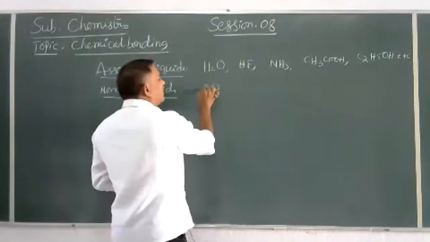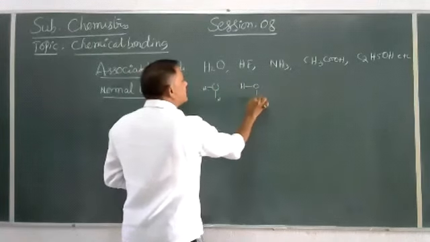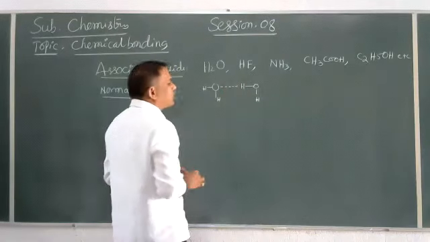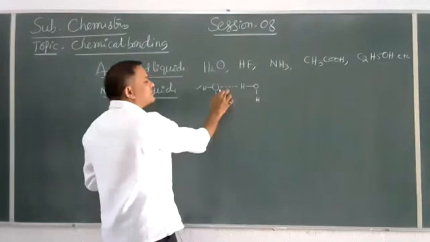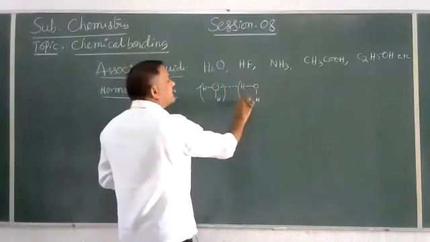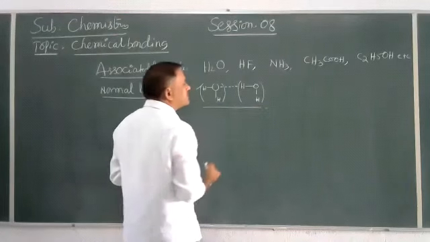Between water molecule and water molecule there exists a type of bond, that is an intermolecular hydrogen bond. It is one of the most important types of bond between two same molecules. That's why it is an intermolecular hydrogen bond. This liquid is called an associative liquid.